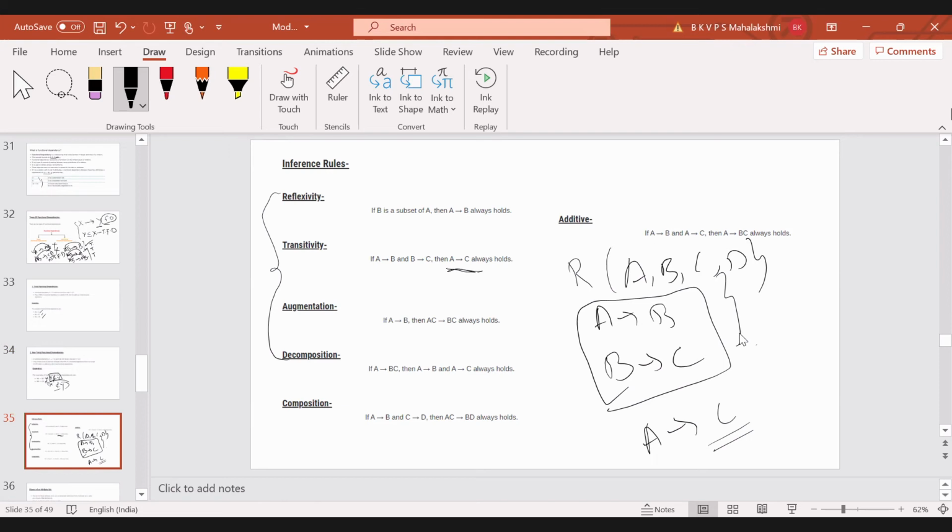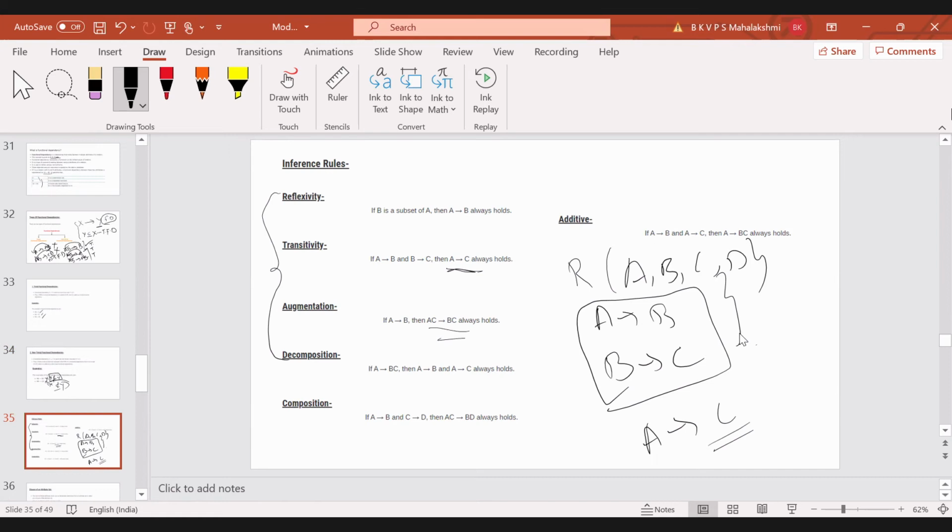And augmentation: A tends to B, then if you want to add any attribute to the right side, you include that attribute on the left side as well, and it always holds. That property is called augmentation. And the decomposition.